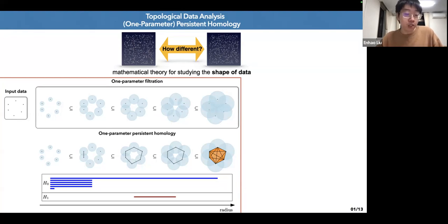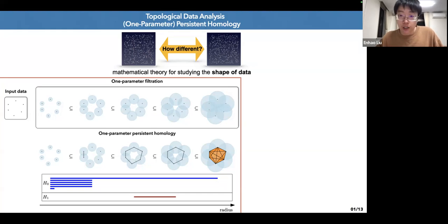This is actually an algebraic object, and by decomposing it, we get the so-called barcodes or persistence diagrams. They are the building blocks of this algebraic object, and each bar or interval, as you can see in this picture, represents the lifetime, tracking the cycles appearing in this filtration.